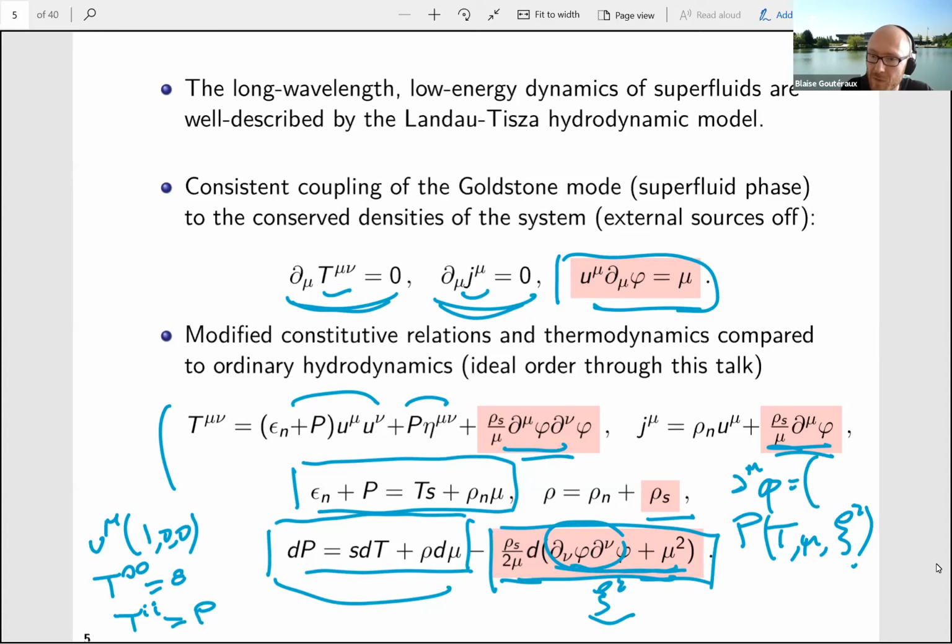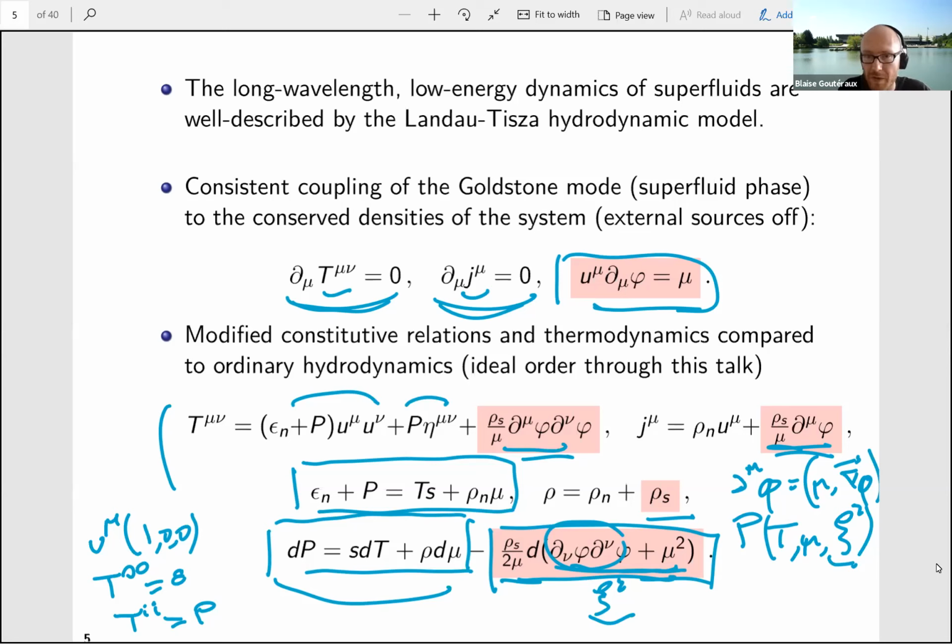At equilibrium, this will be mu, and then there will be some spatial gradient. And it's telling us that the pressure and all other thermodynamic quantities depend on this spatial gradient squared, which people usually refer to as the superfluid velocity.